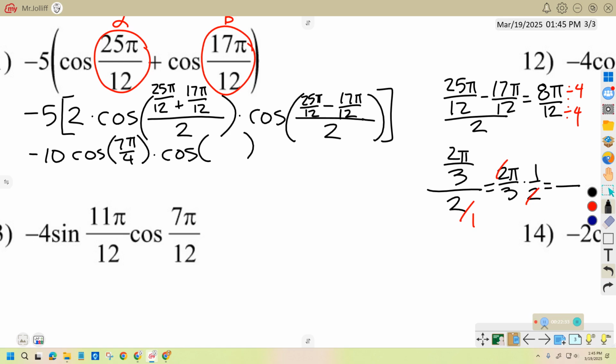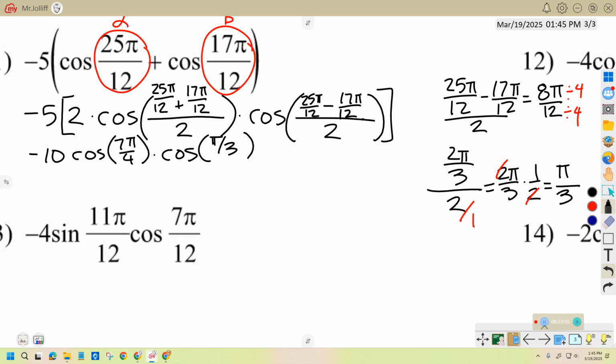What am I left with? Yeah, just pi over 3. Pi on top, 3 on bottom. Is pi over 3 on our unit circle? Yay! That's good news. Pi over 3.